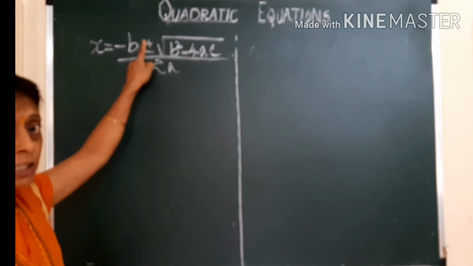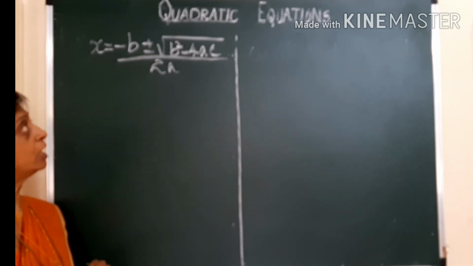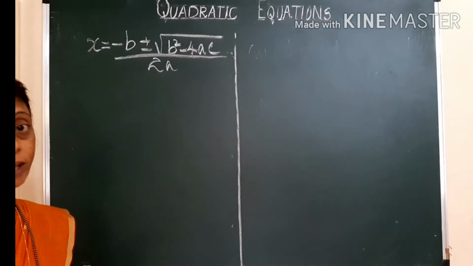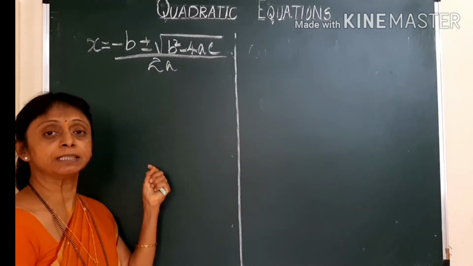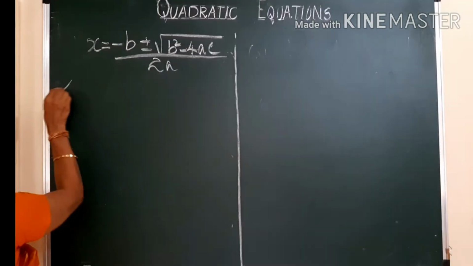Now children, over here we had two roots. One with a positive sign in between, one with a negative sign in between for root of b square minus 4ac. So one of them you can term it as alpha, the other one you can term it as beta. So let's term them.